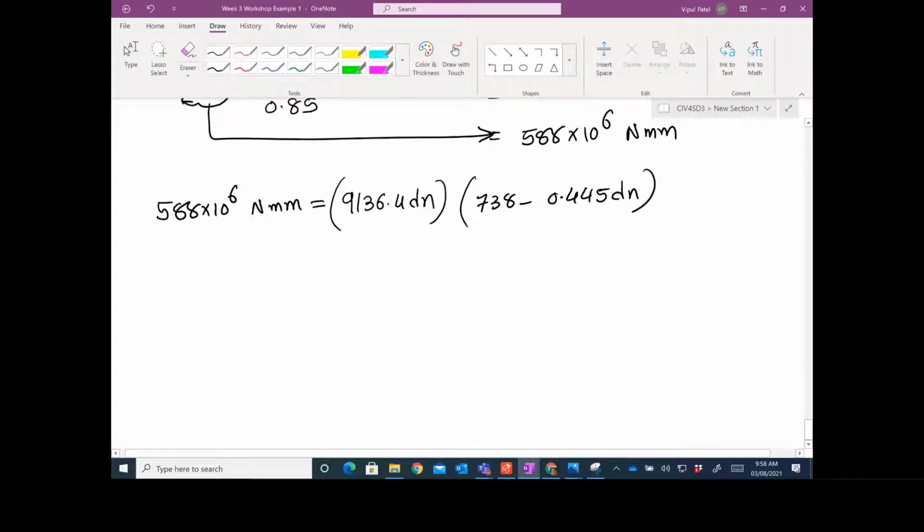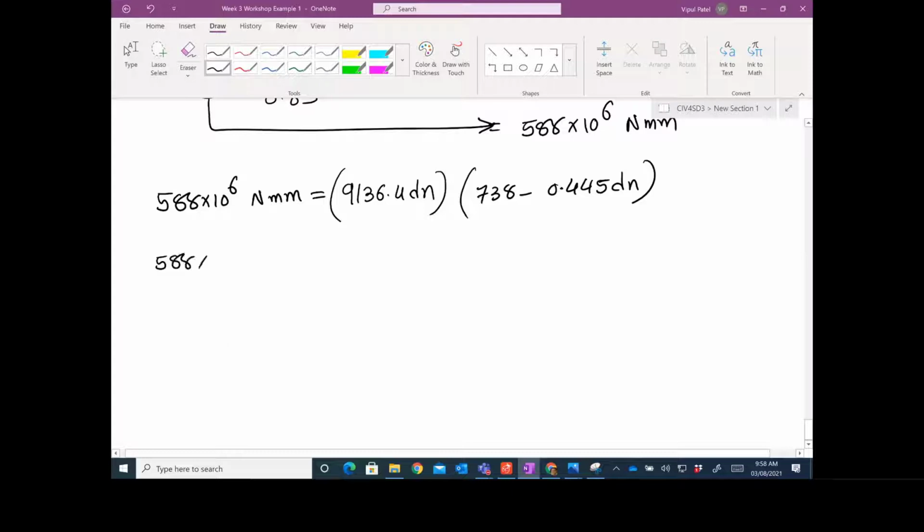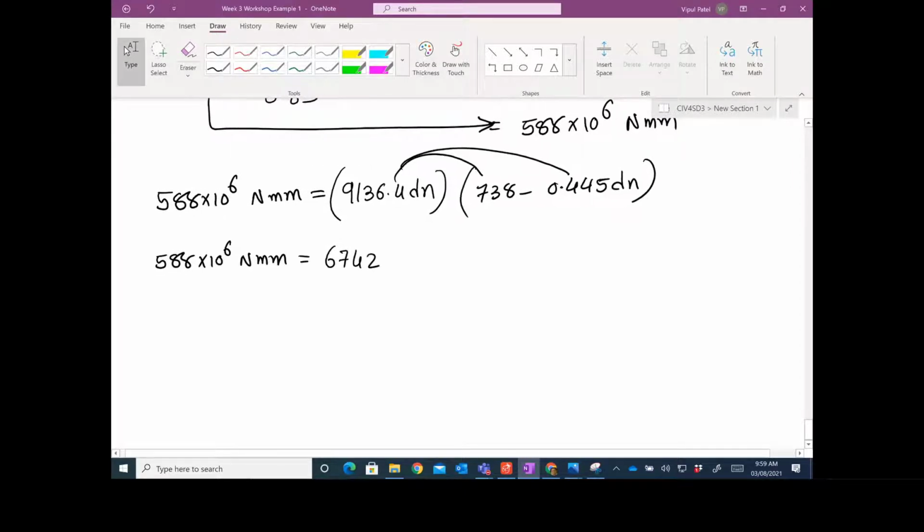If you expand this bracket, 9136.4 times 738 gives you 6,742,663.2 dn, take away 9136.4 times 0.445, which gives you 4065.698 dn squared.